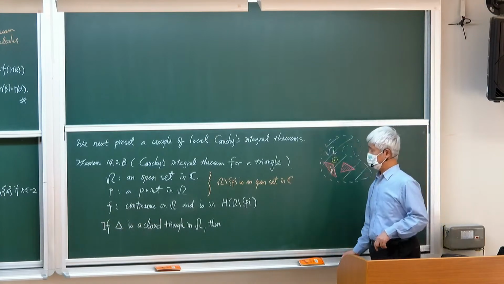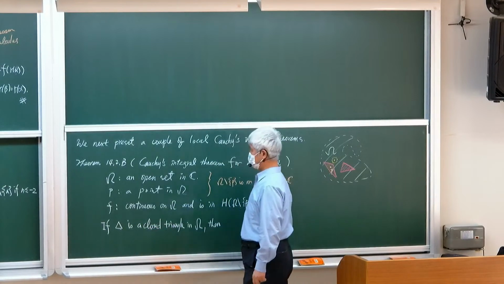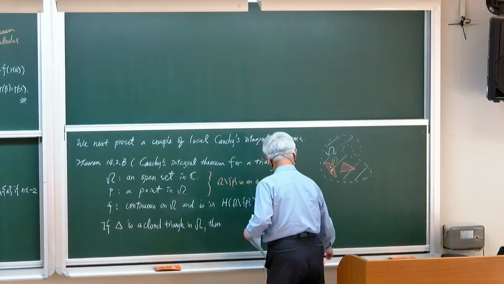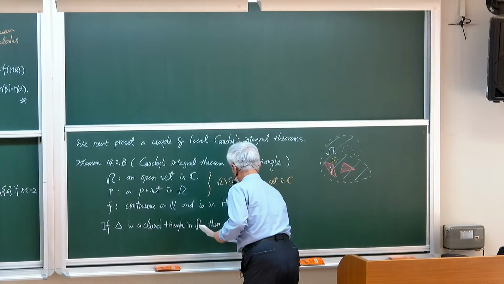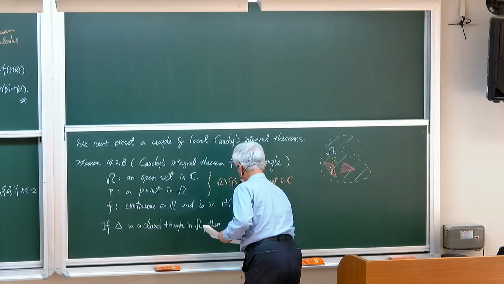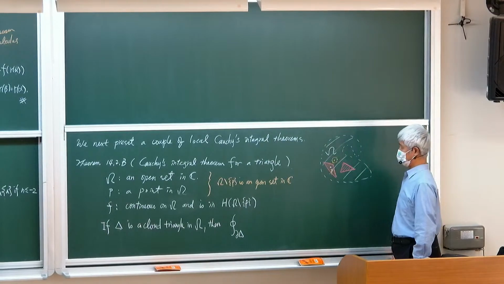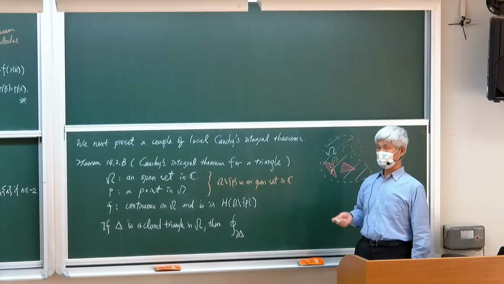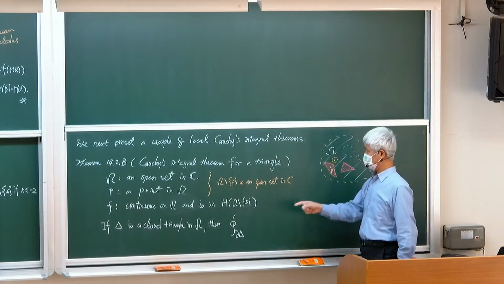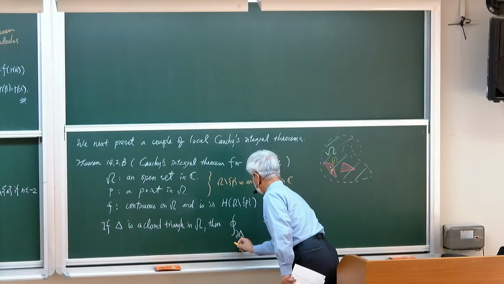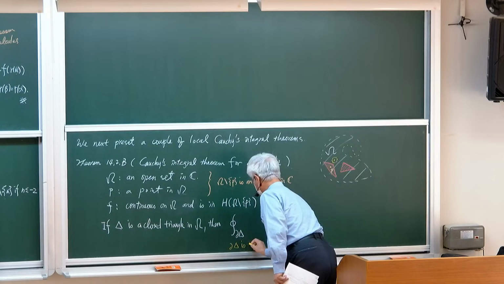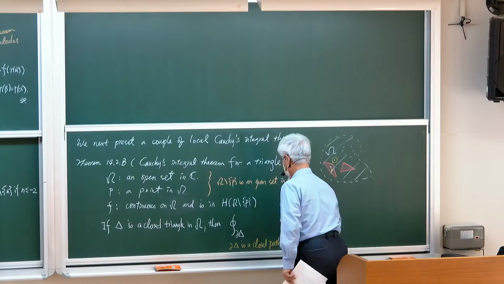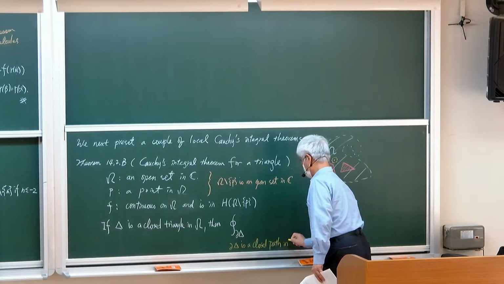So if delta is a closed triangle in omega, then the boundary of the closed triangle is a closed path, because it consists of three sides. So the three sides together form a closed path in omega.